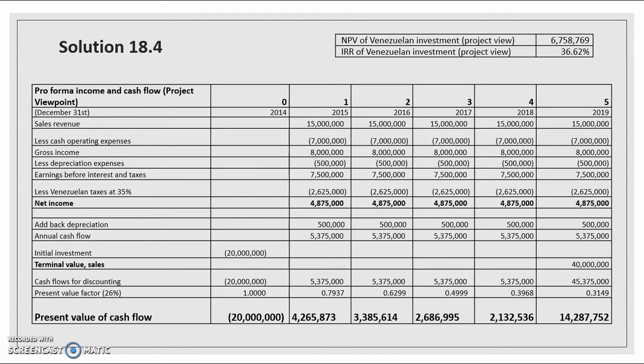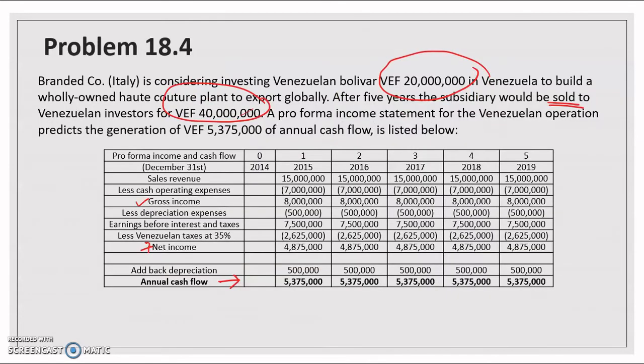So you will start by copying the pro forma as is for 5 years, right? 1, 2, 3, 4, and 5. Exactly what has been given to you in your numerical.